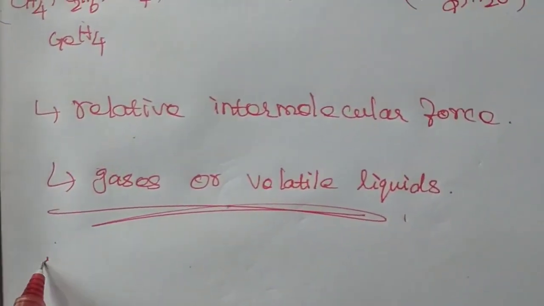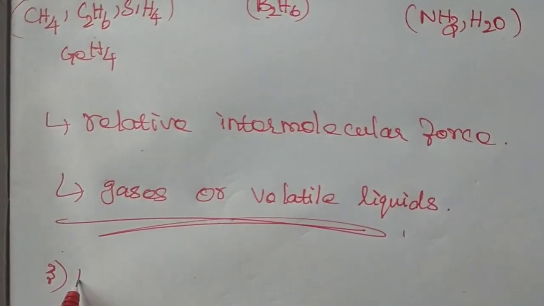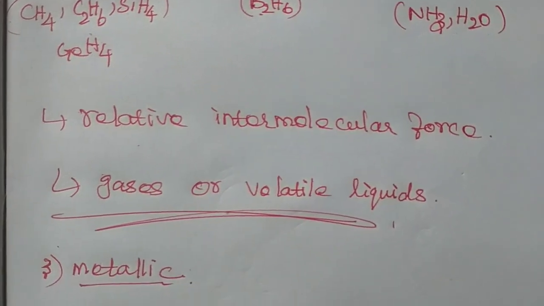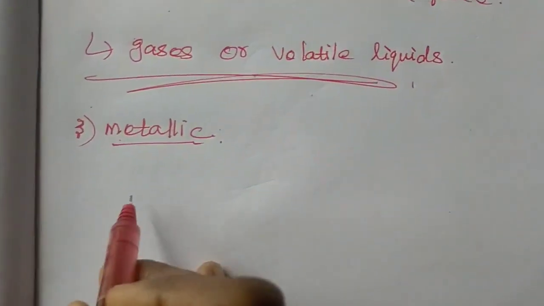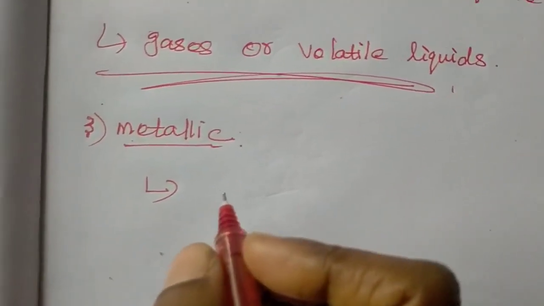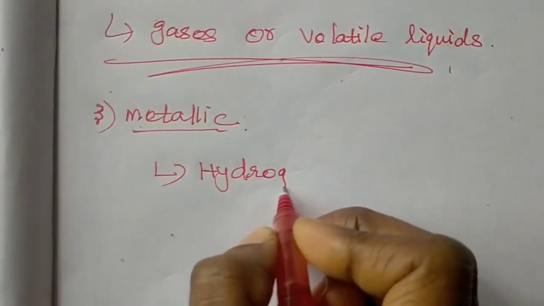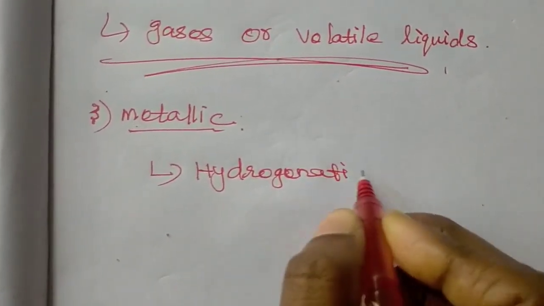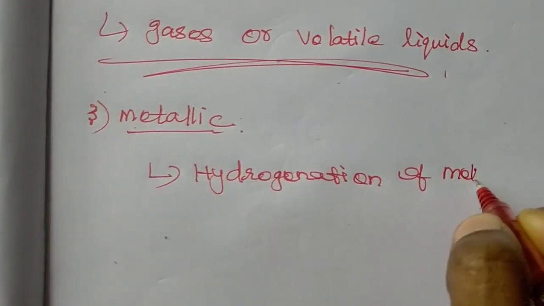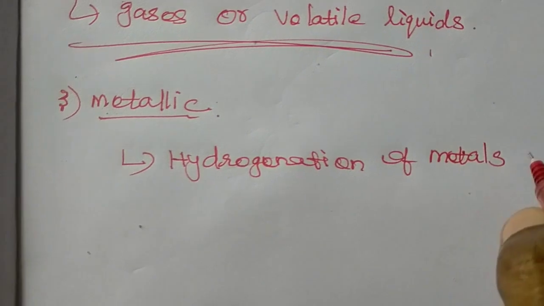Next, the third type of hydride: metallic hydride, or interstitial hydrides. It is obtained by the hydrogenation of metals and alloys.